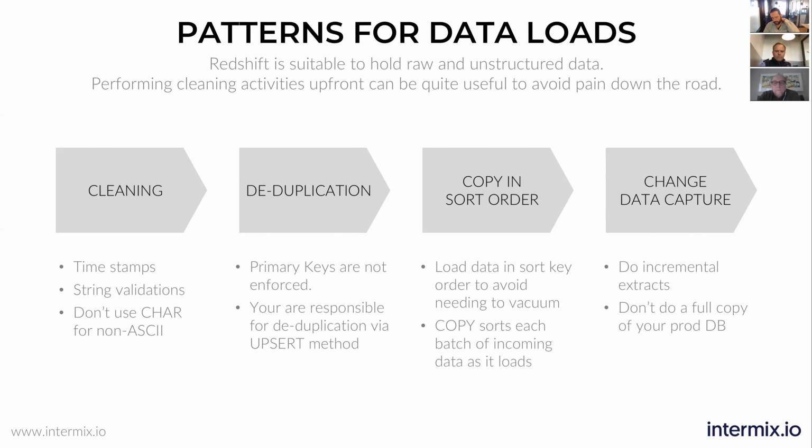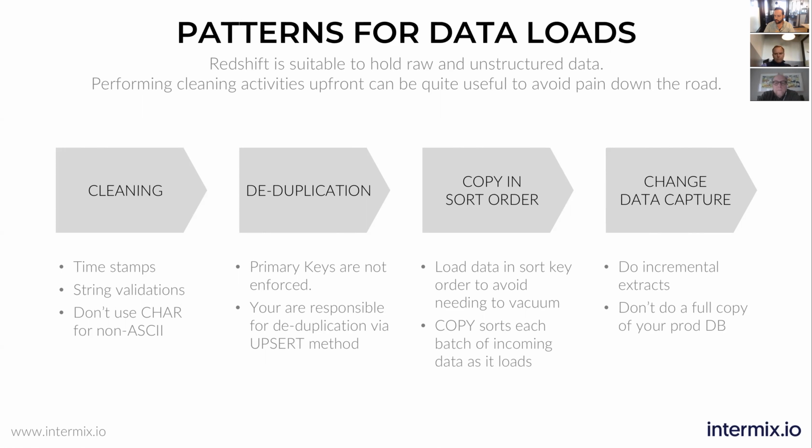Now, for really long tables, you might want to copy data in sort order. Vacuum sorting tables, an operation you can do in Redshift to make filtering on those tables faster, is a pretty expensive operation for very long tables.